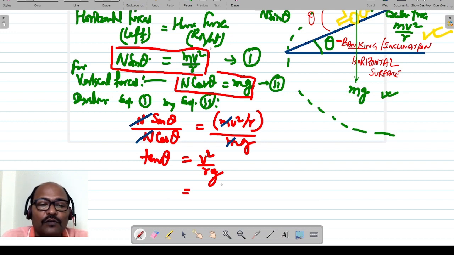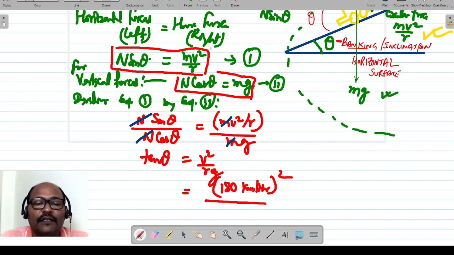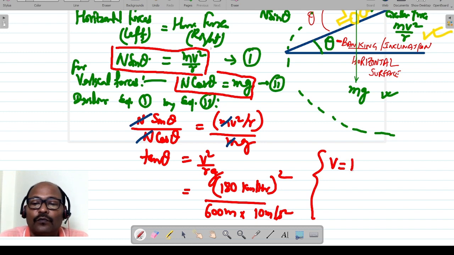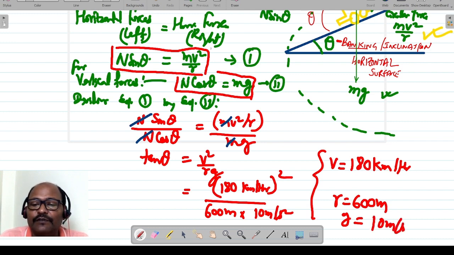We put the values over here: 180 kilometer per hour, r equal to 600 meter, and g equal to 10 meter per second square.